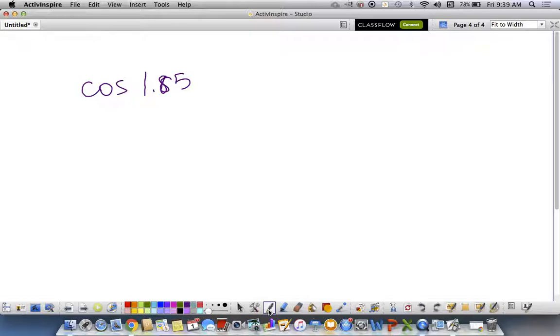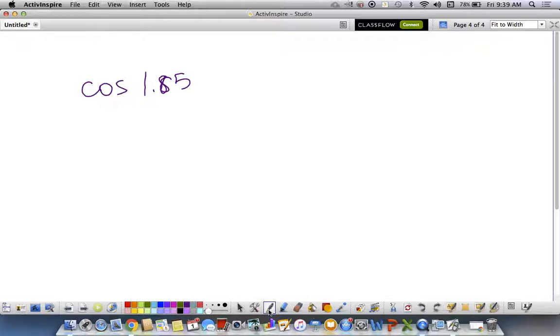So now if you change your mode, does everybody know how to change their mode? Mode, you go down, you arrow over to radian. Now when you plug in cosine 1.85, it should be a negative first of all. The first one you got was positive.